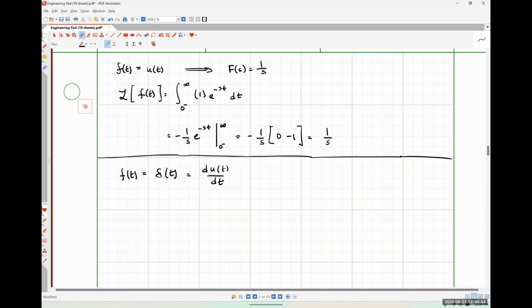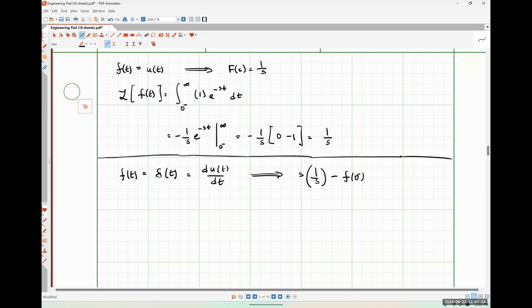If we look at our time differentiation property, this should just be s multiplied by the Laplace transform of the unit step function, which is just 1 over s, minus f at 0 minus.